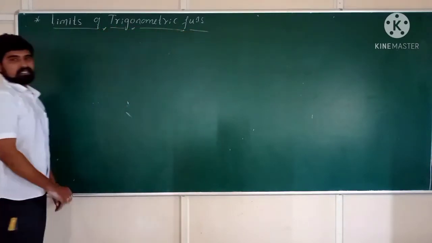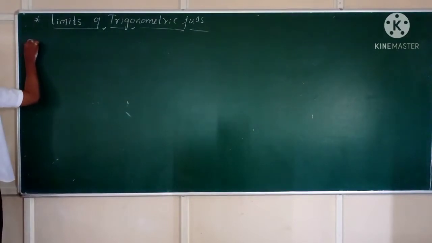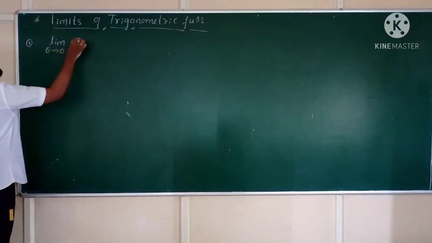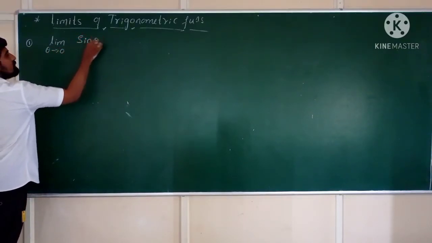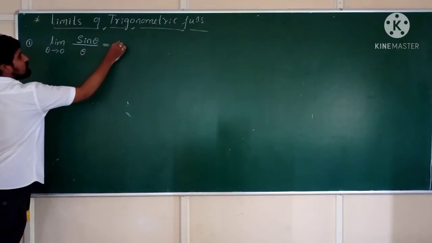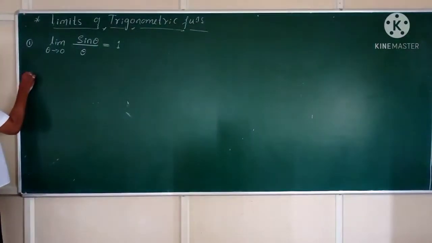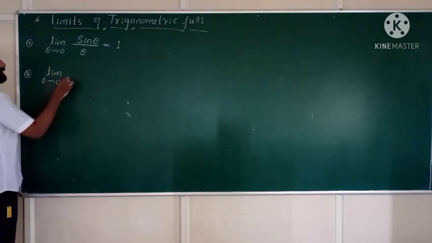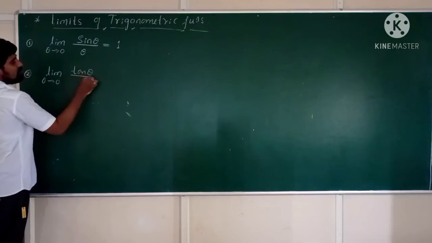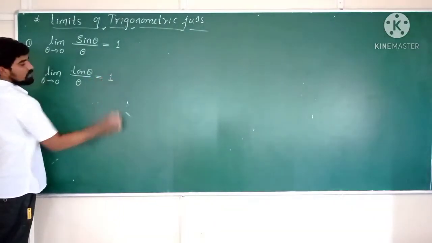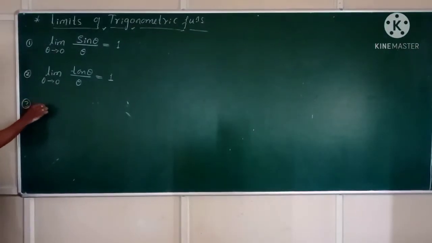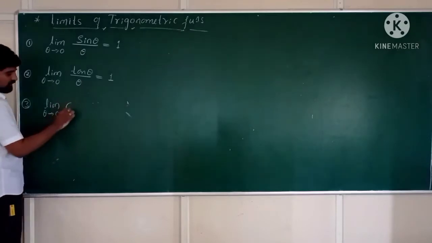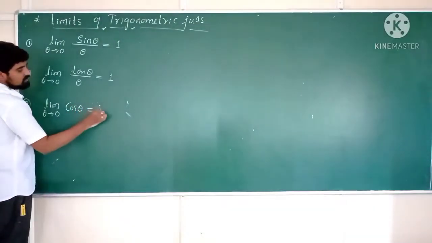Here we have some formulas, and the first formula is limit theta tends to 0, sin theta divided by theta is equal to 1, and the second one is limit theta tends to 0, tan theta by theta is equal to 1, and the third one is limit theta tends to 0, cos theta is equal to 1.